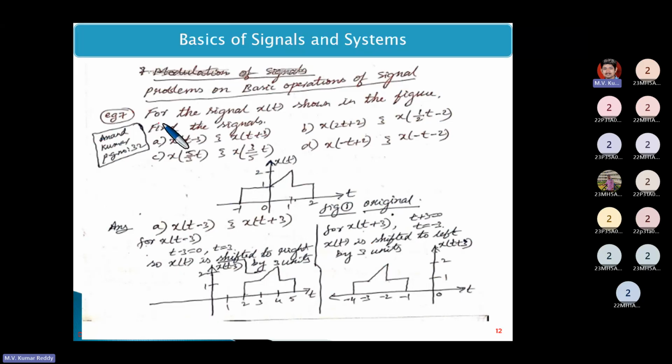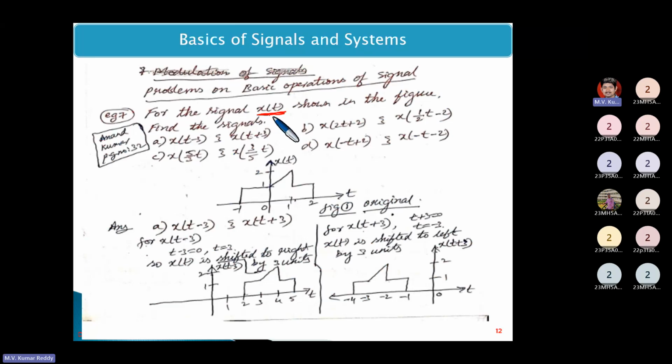In this question, for signal x of t, any input signal we represent with x of t, shown in the figure. This is the diagram. In this diagram, x of t is given, t is given, and the waveform is also given. We have to find x of t minus 3, x of t plus 3 in the first question. In the second question, x of t plus 2, and this is the value. So two questions in the first, two in the second. In total, four questions. We have 8 problems.